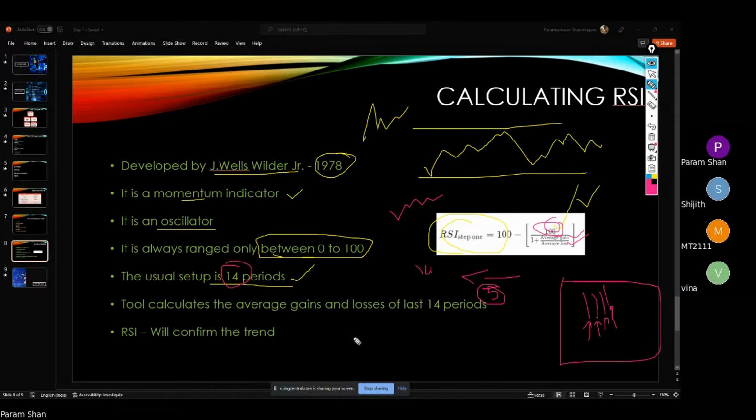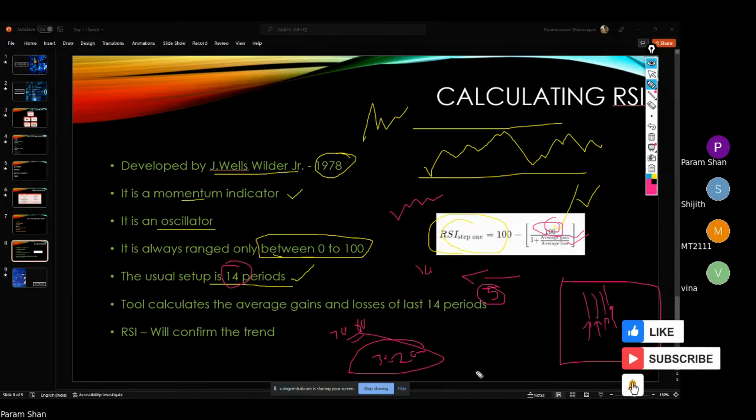Now, people will say above 70 or 80 is considered the overbought zone, and below 20 or 30, people consider that an oversold zone. We should not be treating them in that way. At a very high level, people consider it, hey, it's overbought, oversold, it is okay.